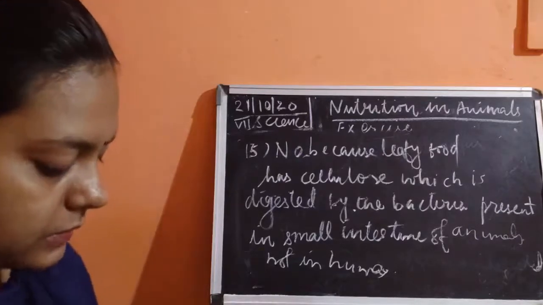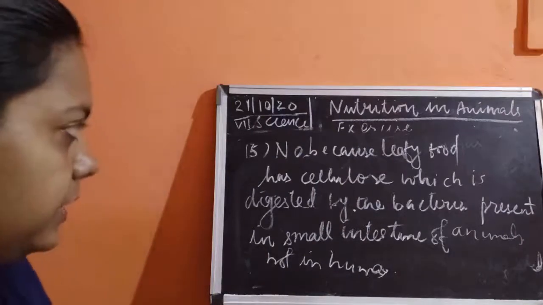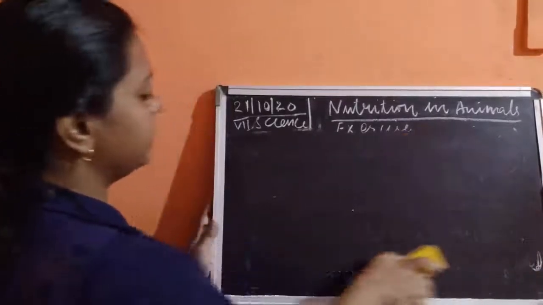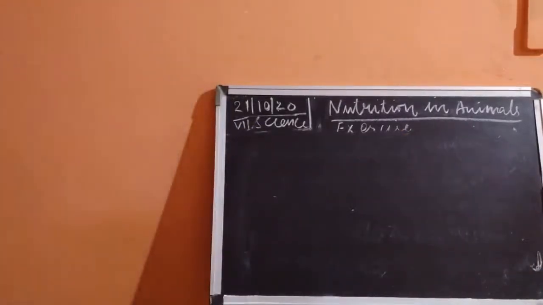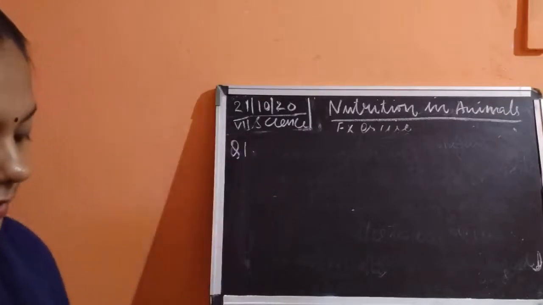Okay children, so this was about the question answers which are given over here. So next we will write down some more questions which are not given in your book. I'll just give you some questions to write. You will write down the answers and then show them to me.